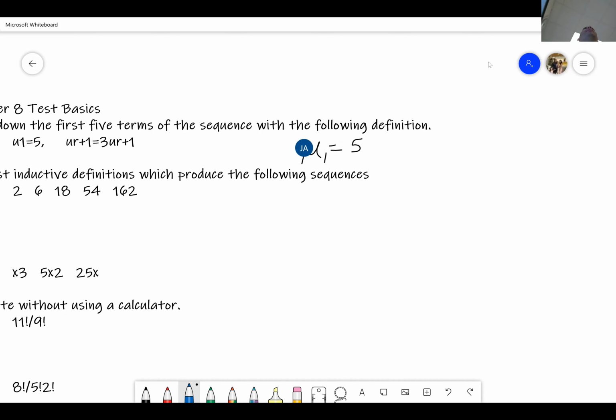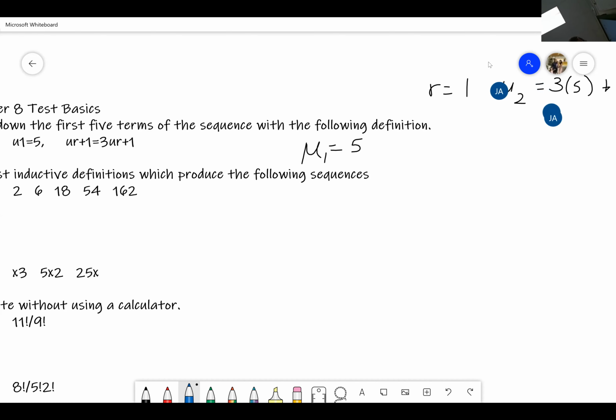So how do you figure out u of r plus 1 using that definition? u of 1 is 5. So what would be the first r you would use? You would use 1. You don't start at 0 here, right? And then you would put u of 2 equals 3 times 5 plus 1.